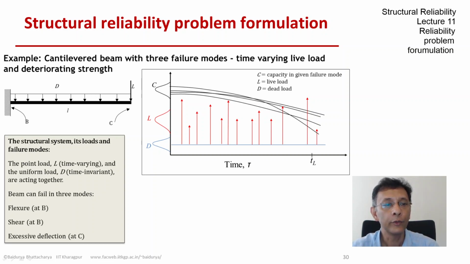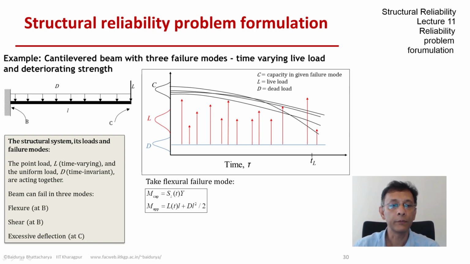So here we have drawn a few sample functions of that deteriorating capacity C. Now if, in a very naive manner, we just add D and L, the points in time that the red tip crosses those black capacity lines would constitute a failure. So now we cannot have a very compact description of failure, but failure would look something like this.